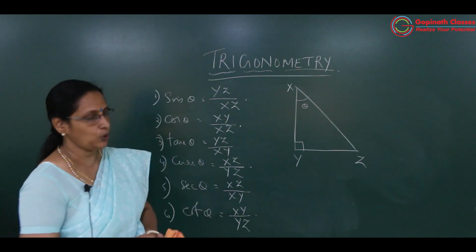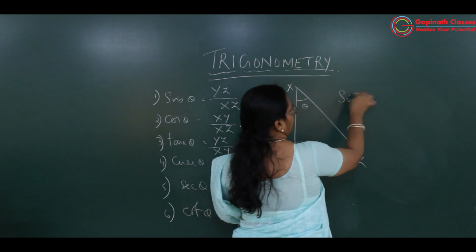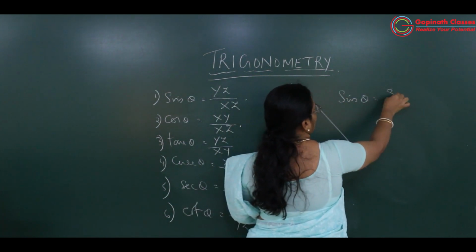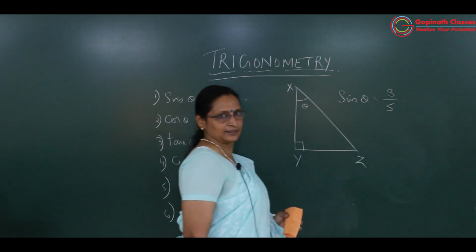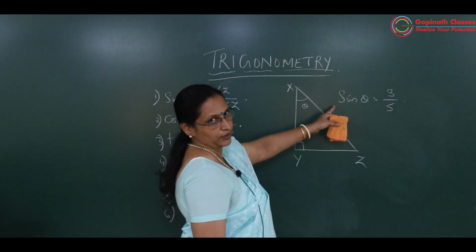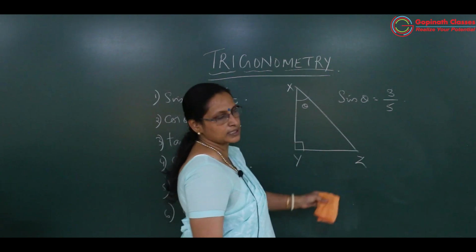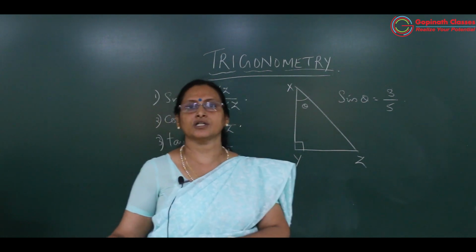And it's a ratio, so don't think that if in a triangle I am writing sin theta is equal to 3 upon 5, this is theta, this side is 3 and this side is 5. It's 3 into something, a constant number. It's a ratio. Suppose in your class, there are girls and boys in the ratio 1:2.